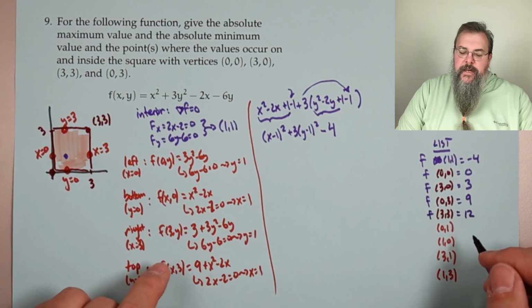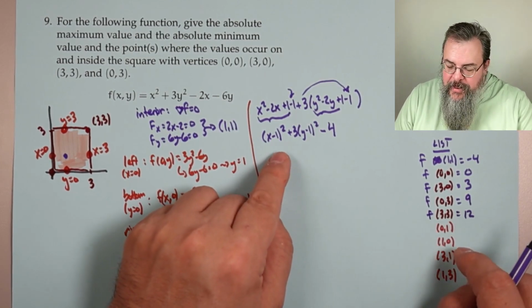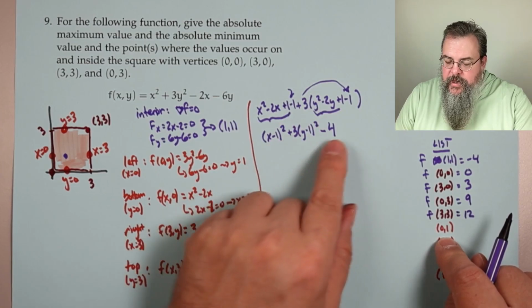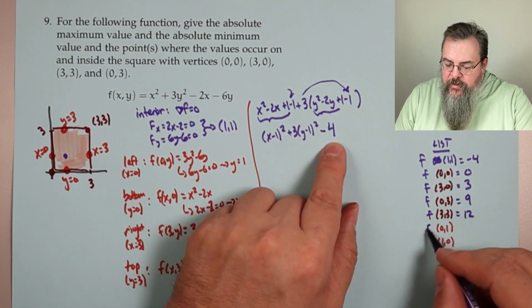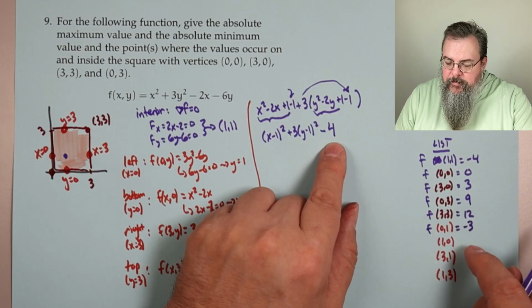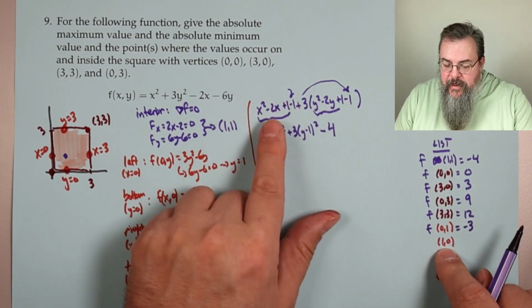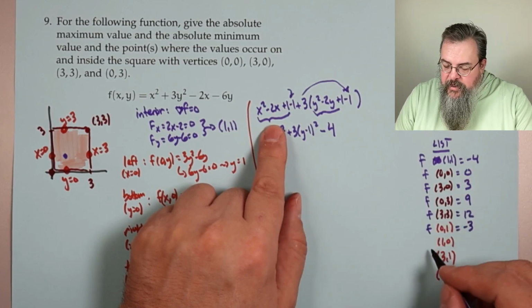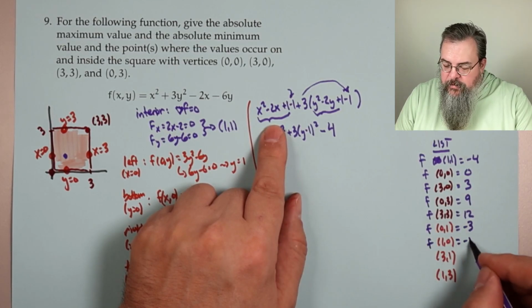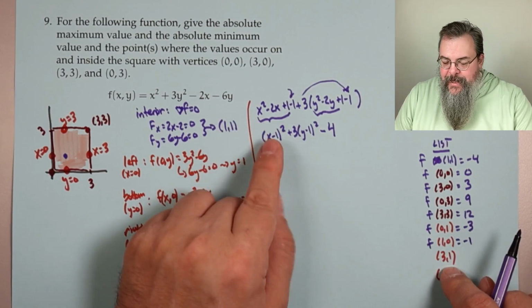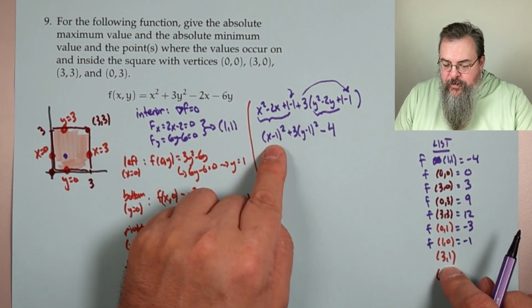All right, 0 comma 1. Well, the y part is going to go away. You get 1 squared, subtract 4, and you'll end up with negative 3. 1 comma 0. That goes away. 3 times 1 squared is 3. 3 minus 4 is negative 1. 3 comma 1. You'll have 2 squared, which is 4.